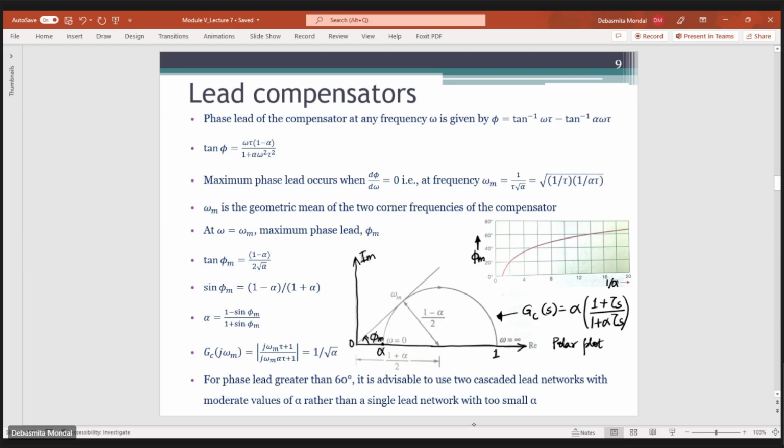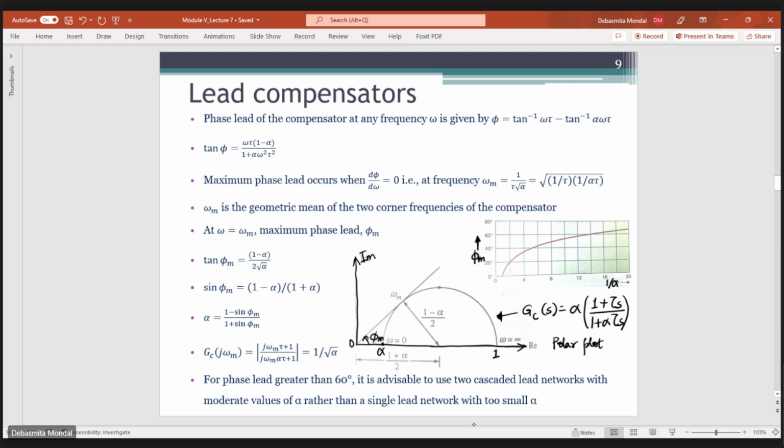At omega equals 1 by tau you have a zero, so you will have a plus 20 dB per decade line. It will keep continuing till it hits the next corner frequency, 1 by alpha tau. At 1 by alpha tau you have a pole, so there will be a minus 20 dB per decade. The overall slope becomes plus 20 dB minus 20 dB, which is again 0 dB, so you will get a flat straight line like this. And the phase response will look like this.